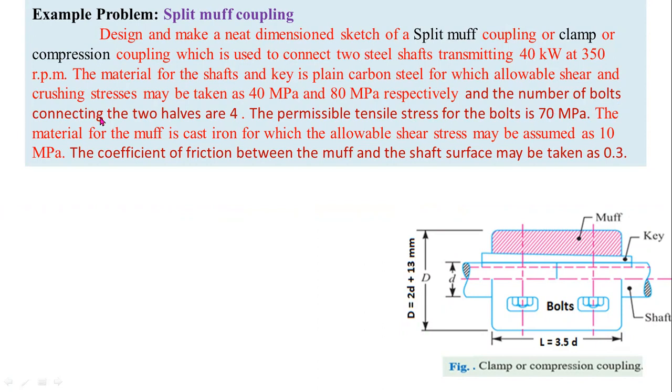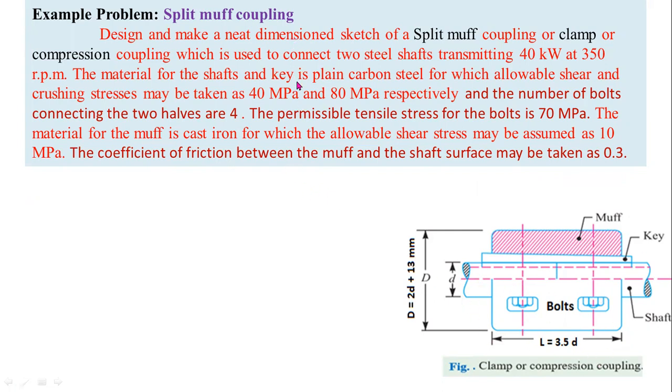The number of bolts connecting the two halves is 4. The permissible tensile stress for bolts is 70 megapascal. The material for the muff is cast iron, for which the allowable shear stress may be assumed as 10 megapascal. The coefficient of friction between the muff and the shaft surface may be taken as 0.3.